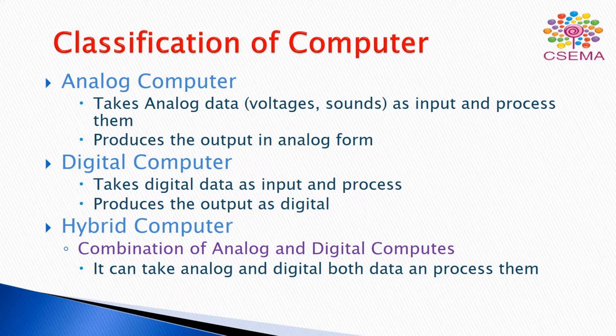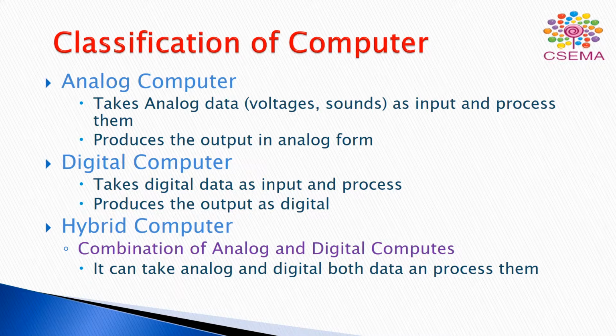And the classifications of computers. Computers can be classified on the basis of their size and what kind of data they process. And on the basis of data processing, we can categorize computers in three parts. First one is the analog computer, second is the digital computer, and third is the hybrid computer.